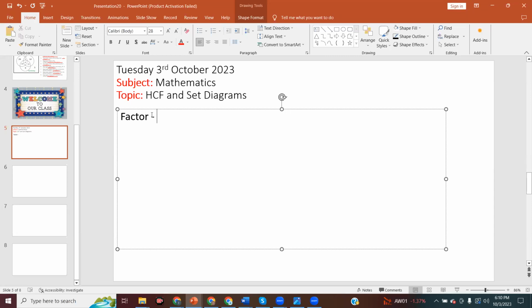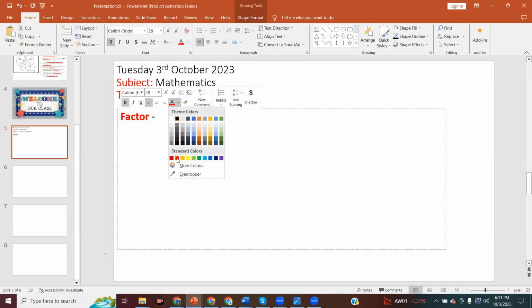A number that can be divided by a number. Like a fraction of a number? No, not a fraction. Factor is different. Okay, no one could explain factor.